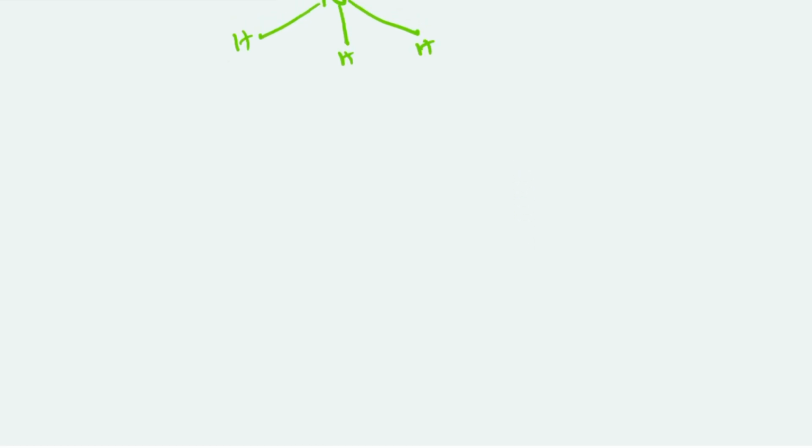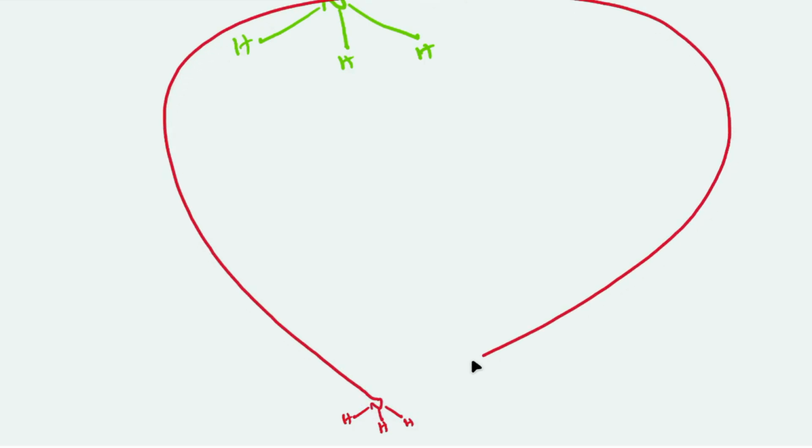Therefore, if you want to write the correct structure of ammonia, look at this. N bond with H restricted, N bond with H restricted, N bond with H restricted. But N has a lone pair like this. It is not restricted. So the lone pair present on nitrogen is not restricted, sir.